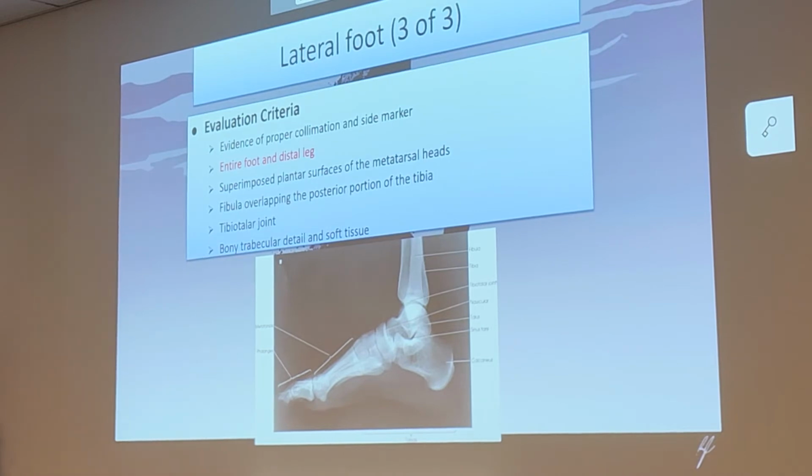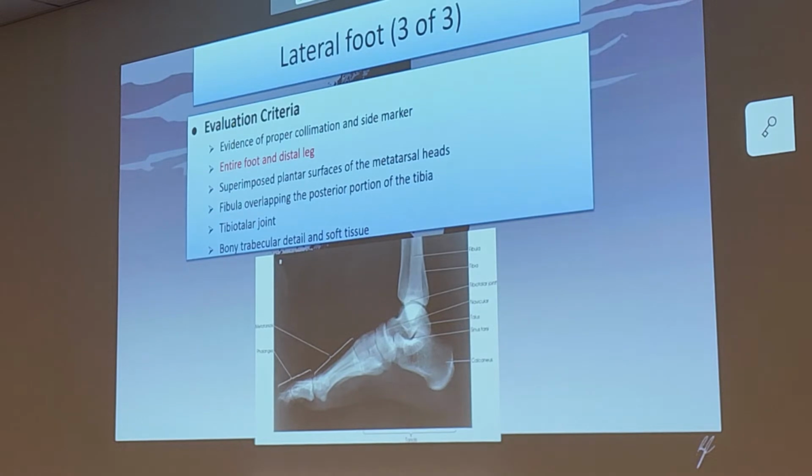So for lateral, on the cuneiform, all three cuneiforms are what? Superimposed. Right? And then the medial oblique, the medial and intermediate, is that superimposed or free of superimposition?